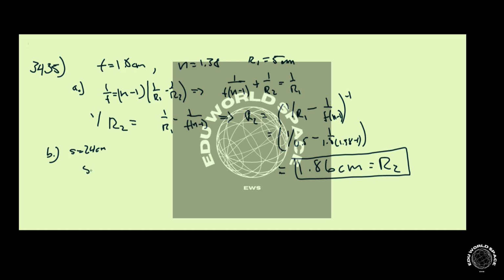Okay, so if we rearrange the thin lens equation, we should know that S prime is S F over S minus F. If we plug that in, we should see S being 24, focal length being 1.8.